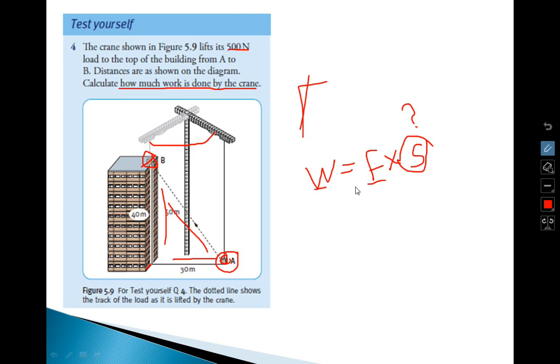So to find W equal to F times S, F is 500 Newton, and what is the distance? Distance of movement of F. So which one of them? Is it 30 or 50 or 40?